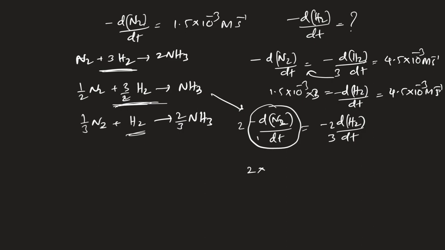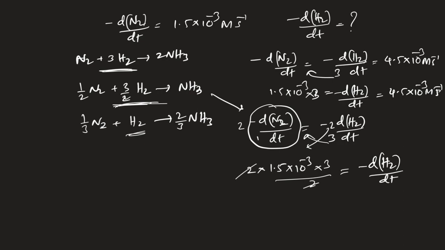This is 1.5 × 10^-3, multiplied by 3 in the numerator and 2 in the denominator. Now this 2 cancels, then 1.5 into 3, that is minus d[H2]/dt is equal to 4.5 × 10^-3 molarity second inverse.